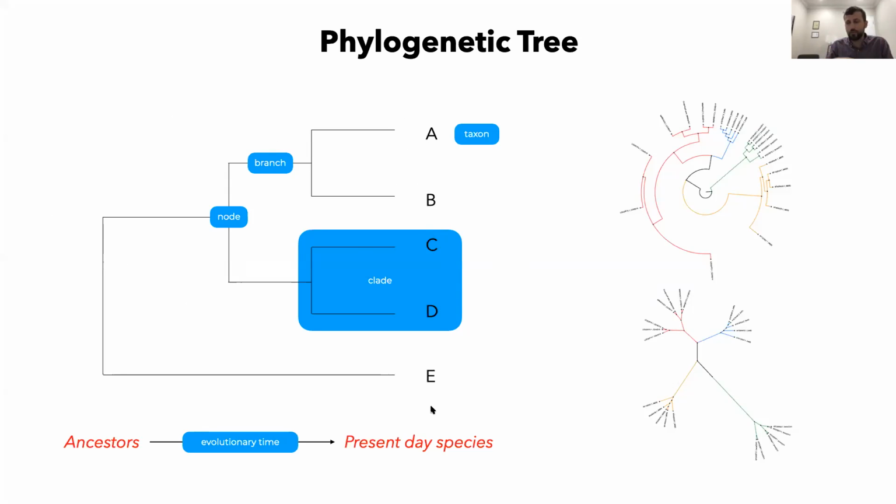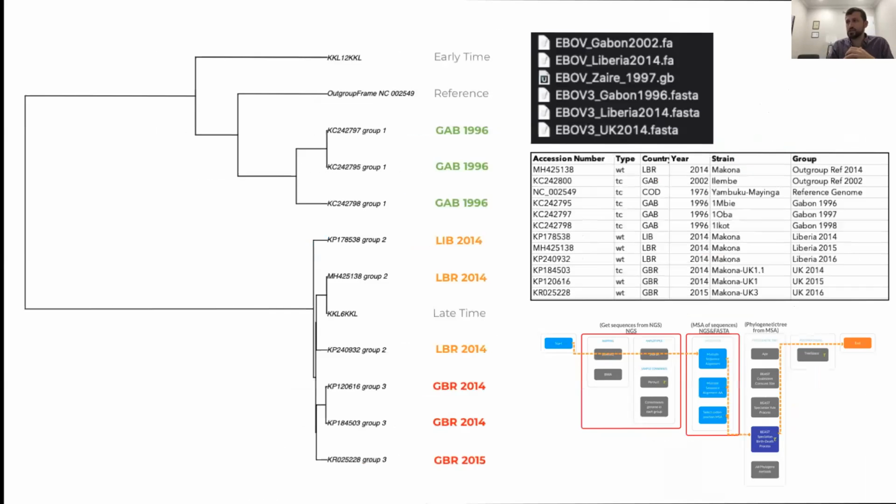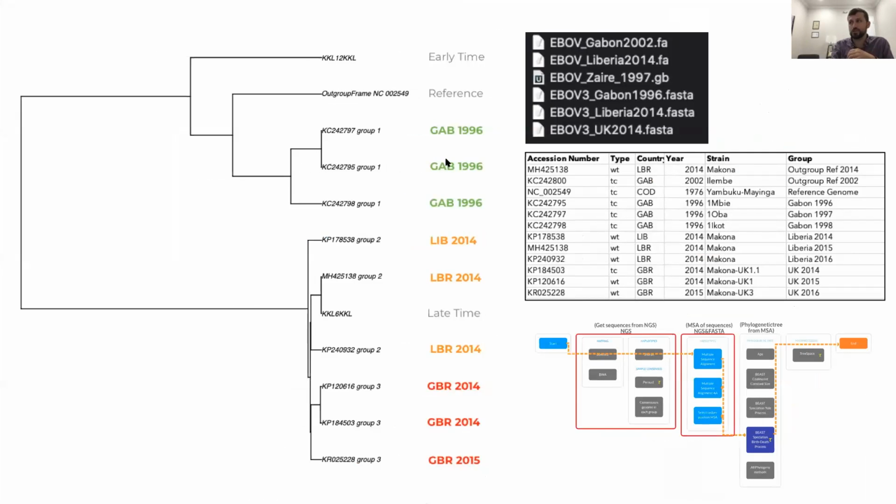What type of information can that give us? Here you can see an analysis of multiple samples of Ebola viruses. We have a number of sequences from Ebola viruses from Gabon, Liberia, Great Britain, and we can ask the question, how do they relate to each other? If that relationship is closer, so for example, these are closer to each other than these, and what is their relationship in time?